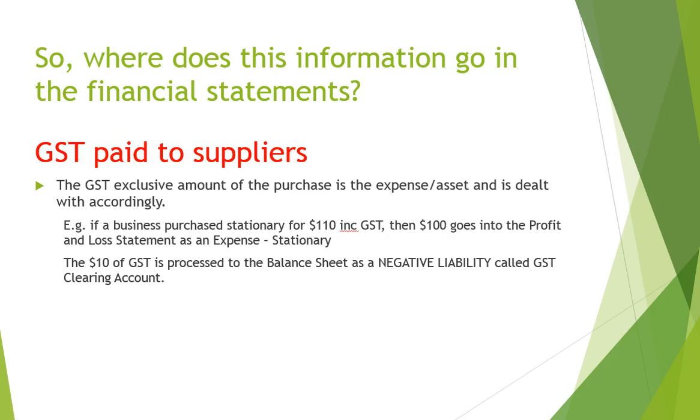So the GST clearing account is where we put GST that we have collected, and we also record GST that we have paid. Remember, it's an end user tax, so we're purchasing these goods to sell, so therefore that's not the GST that we record for the tax office, that we send to the tax office. So it's a negative liability because it's reducing the amount of GST that we actually owe.